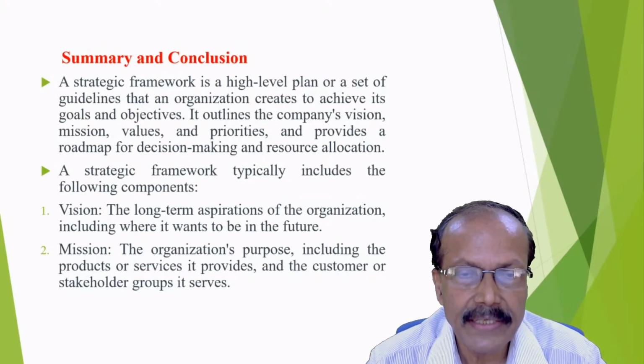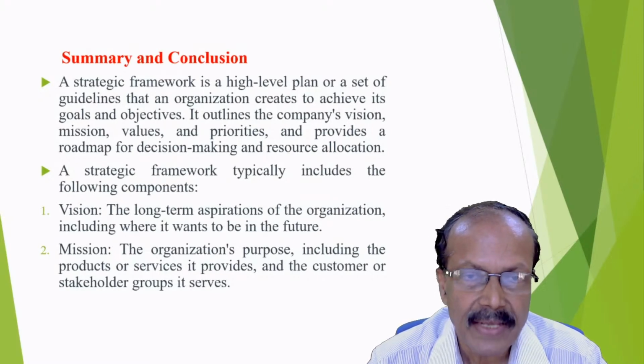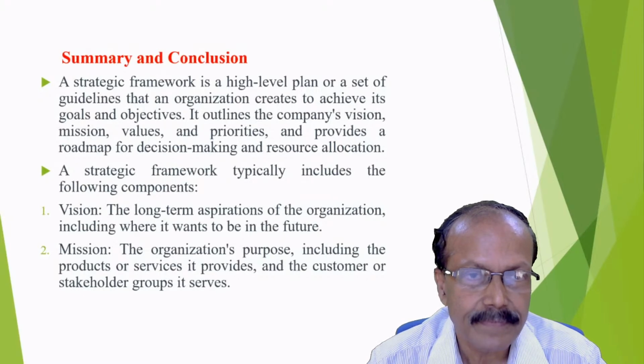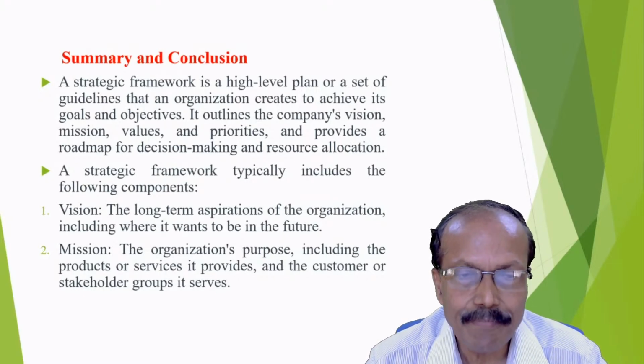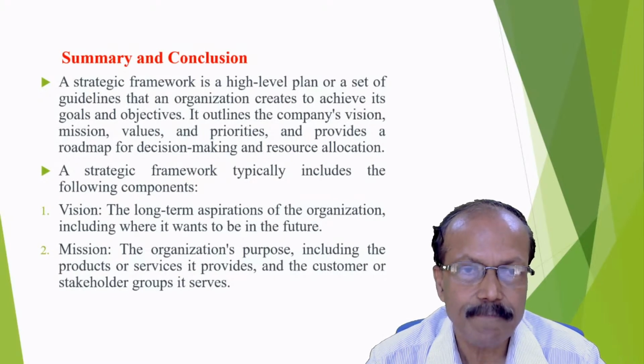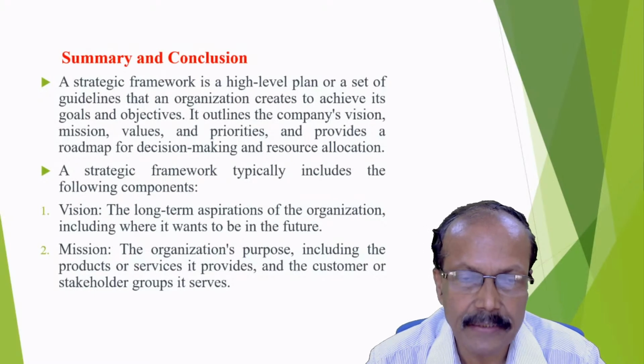and also in the interest of all the stakeholders, and provides thus a roadmap for decision making, because that is a reflection of the company's activities, plans, and the business operations they are conducting. And also it includes the resource allocation.